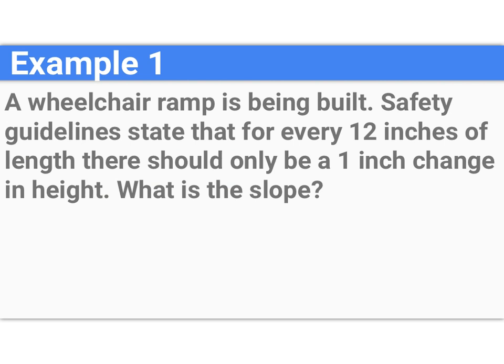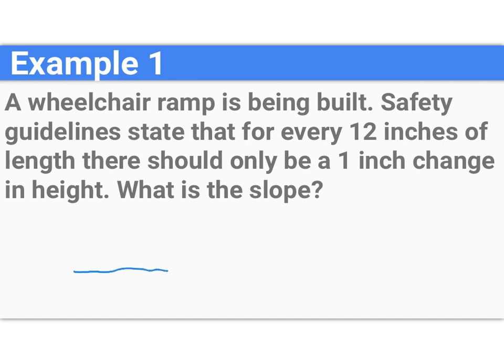Okay, a wheelchair ramp is being built. The guidelines state that for every 12 inches of length, there should be only 1 inch in change in height. What is the slope? When you're given a picture or a problem like this, I suggest you draw a picture.